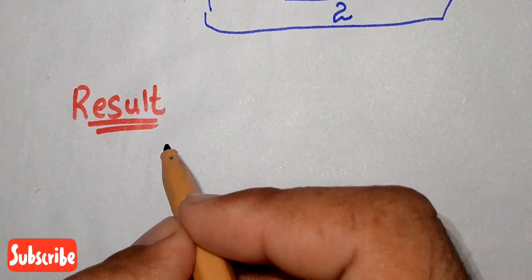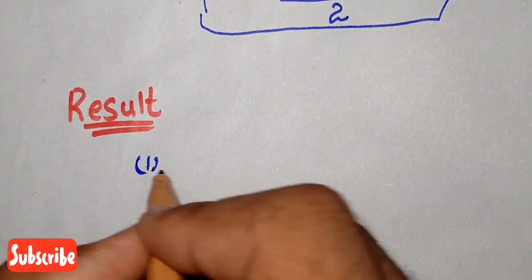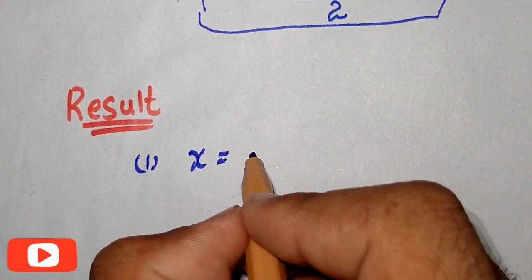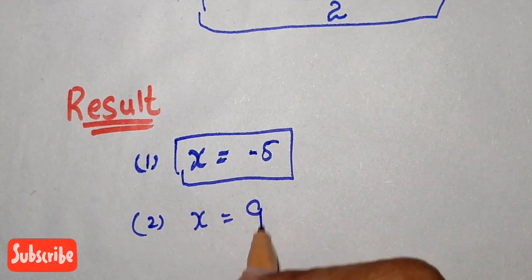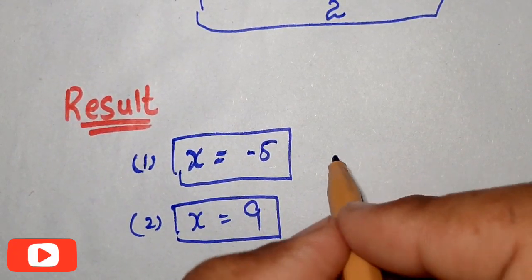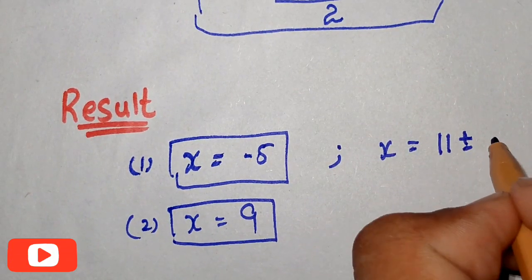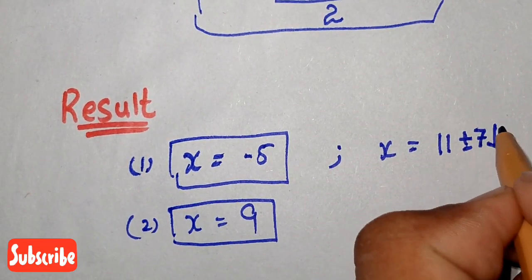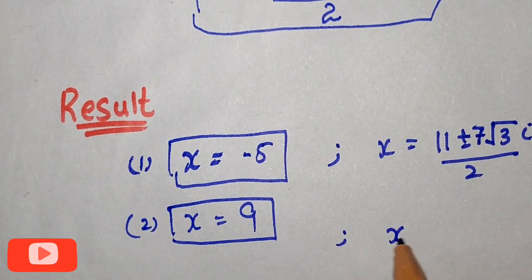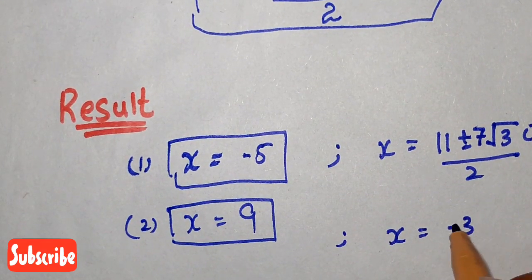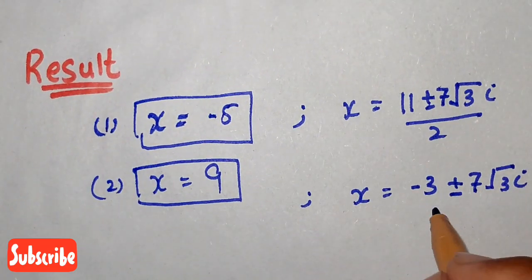So from the whole question we obtain the result: the two real values and the four complex values. The real values are, number 1, x is equal to minus 5. This is the first value of x, and the second value is x is equal to 9. Similarly, the complex values are x is equal to 11 plus minus 7 square root of 3 i divided by 2, and the other complex value is minus 3 plus minus 7 square root of 3 i divided by 2.